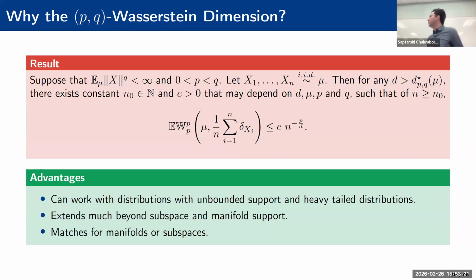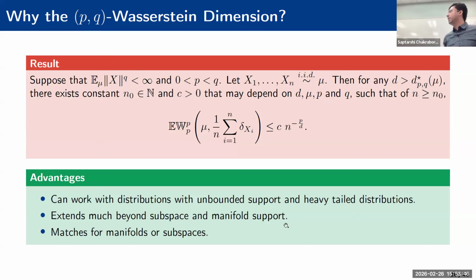All right. The advantage of having this PQ Wasserstein dimension is that it works for distributions with unbounded support and also works for heavy-tailed distributions. Remember, we only need a finite qth moment condition, so you don't need a sub-Gaussian tail or anything. And it works much beyond subspaces and manifolds.